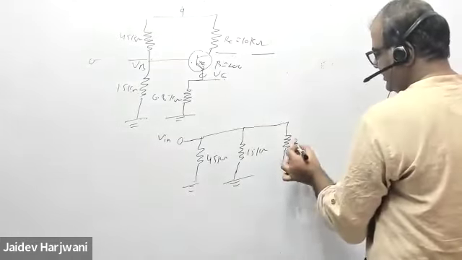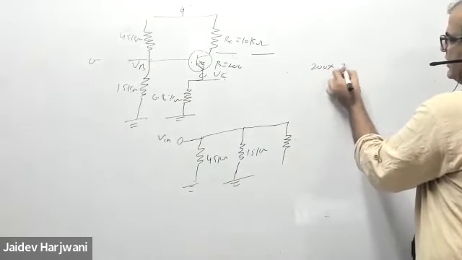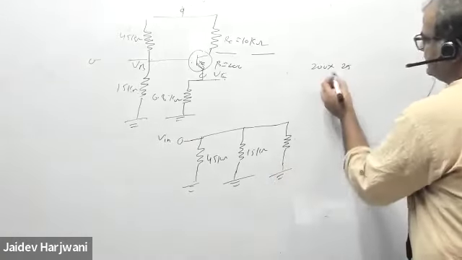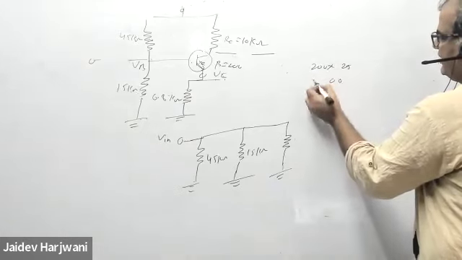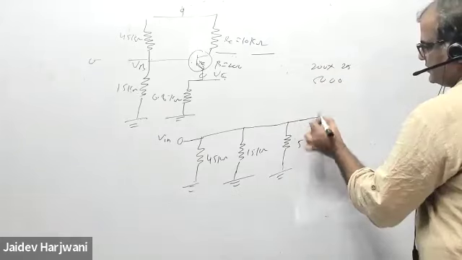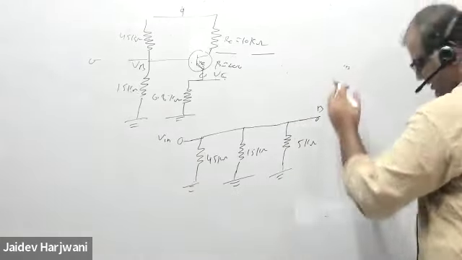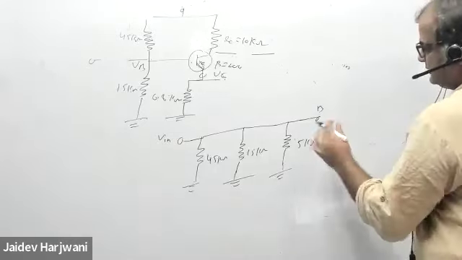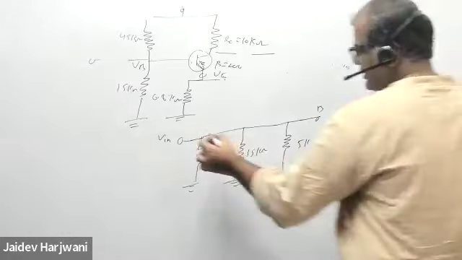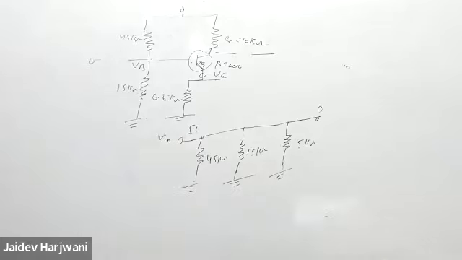Beta is 200. RE is how much? 200 into RE, 25 ohm. So this becomes 5 kilo ohm, and this is my base. This is grounded. Here I can find the input current, and I can find my input resistance.